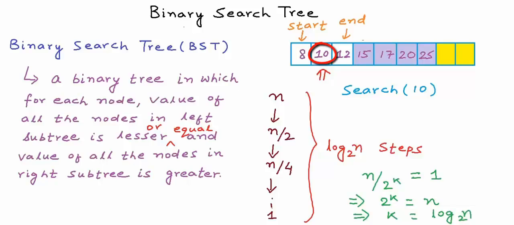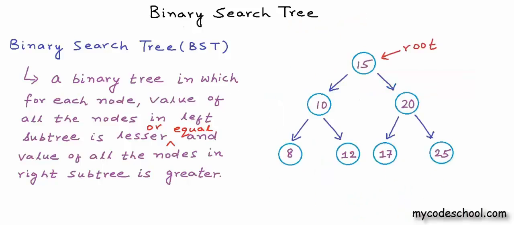Now if we use this binary search tree to store the integers, search operation will be very similar. Let's say we want to search for number 12. What we'll do is we'll start at root and then we will compare the integer to be searched with value of root. If it's equal, we are done with the search.